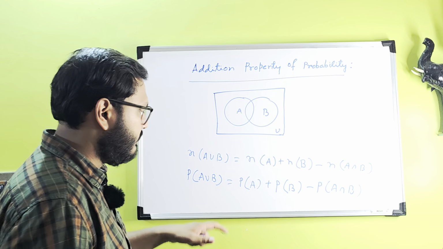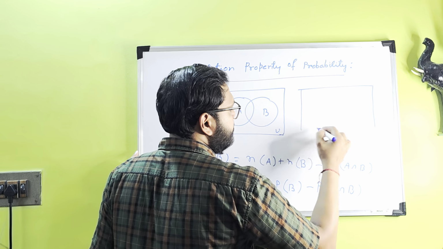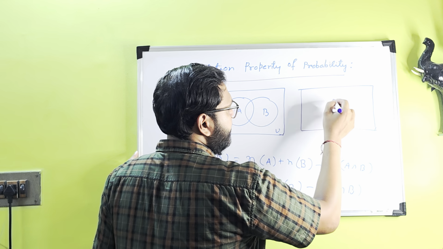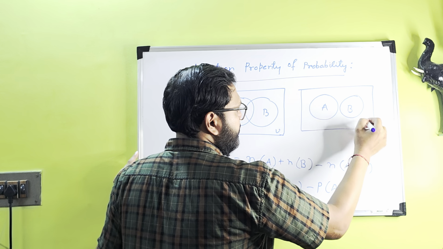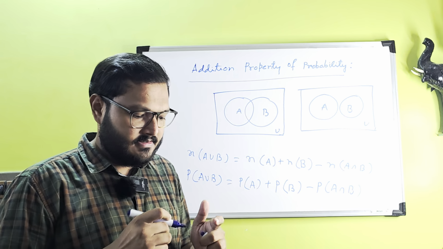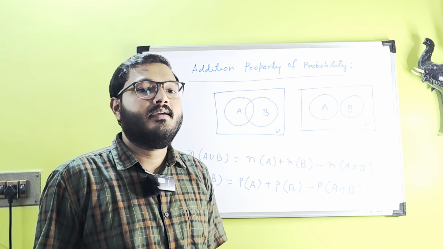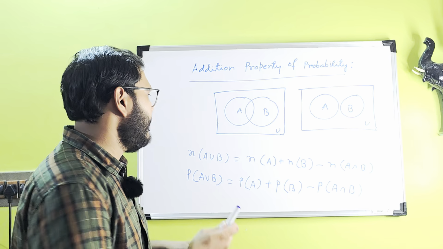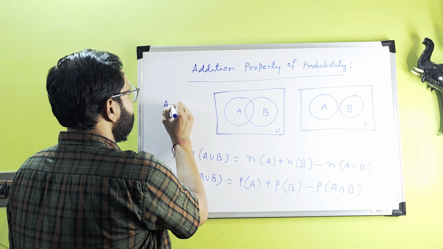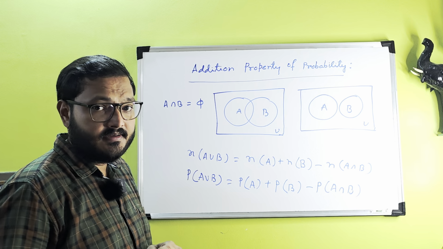Now one more thing here. If two sets are disjoint, their picture is like that. When I taught events, I told you that disjoint sets are mutually exclusive events. So A intersection B means the common element is phi.